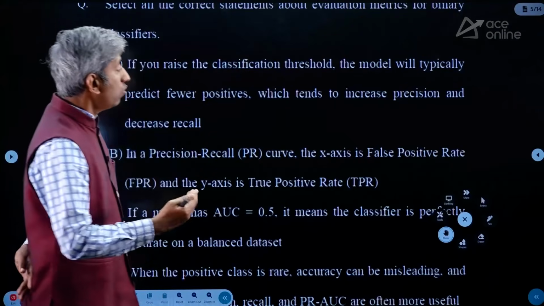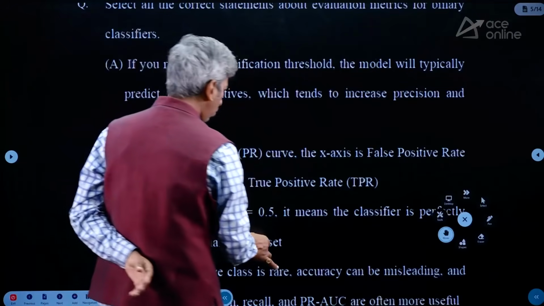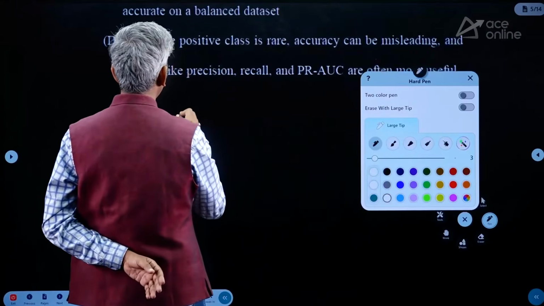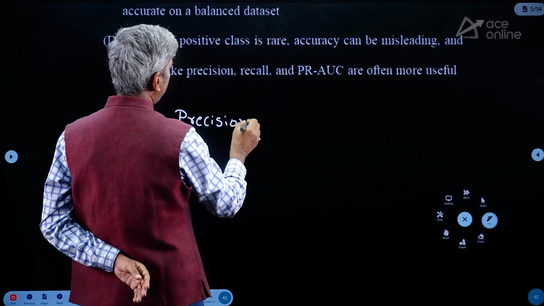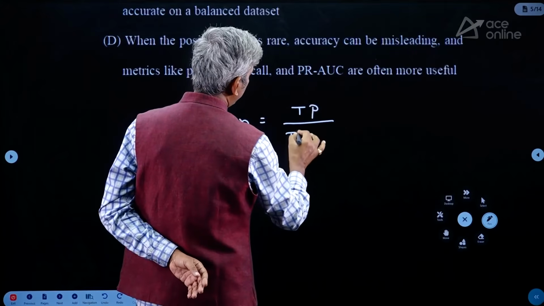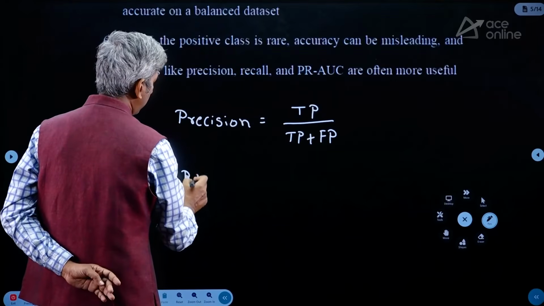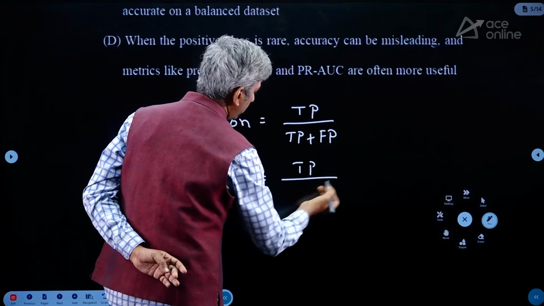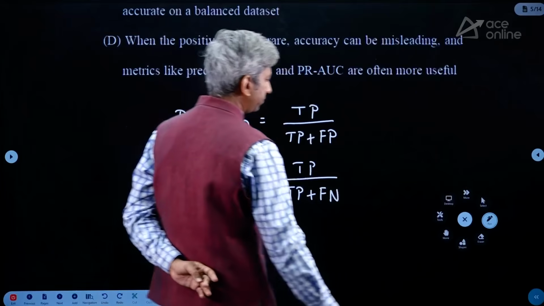Right. So, what is its impact on precision and recall? What is precision? With respect to positives, precision is equal to true positives divided by true positives plus false positives, and recall is true positives divided by true positives plus false negatives.